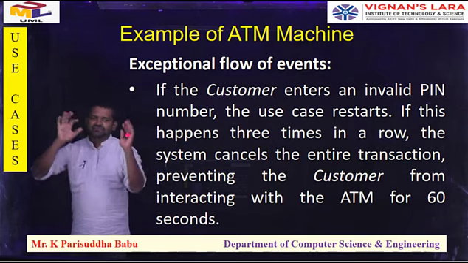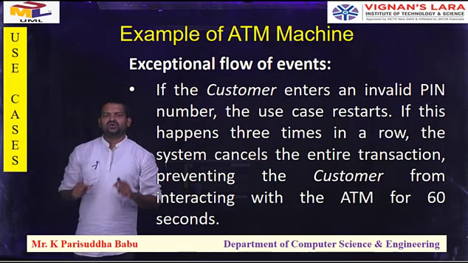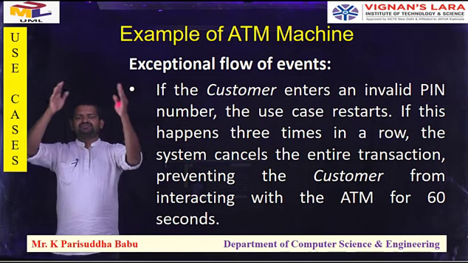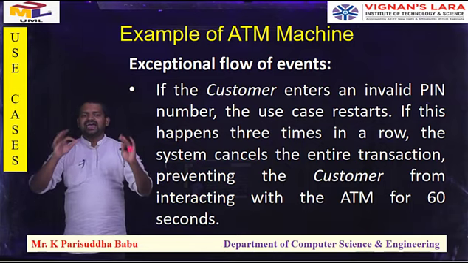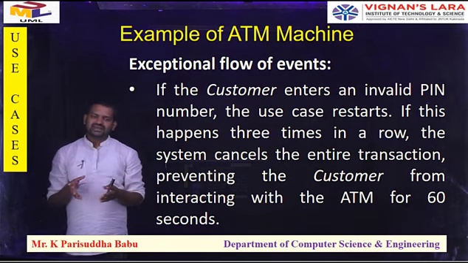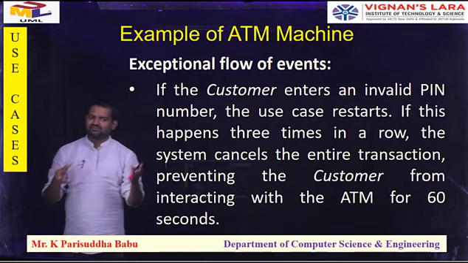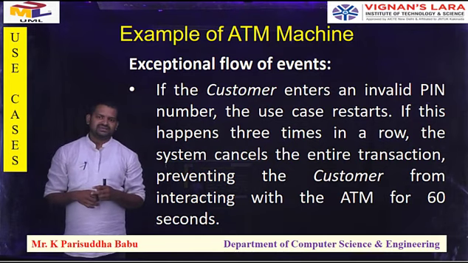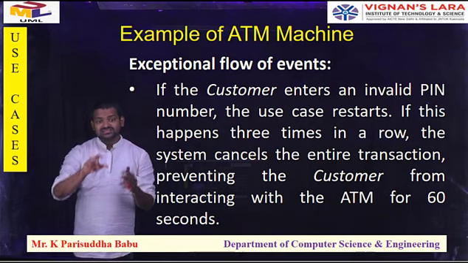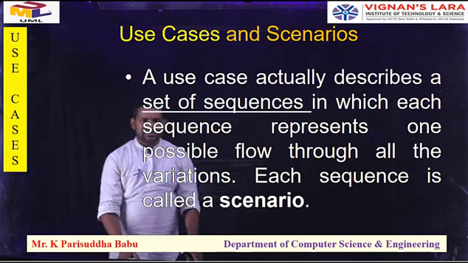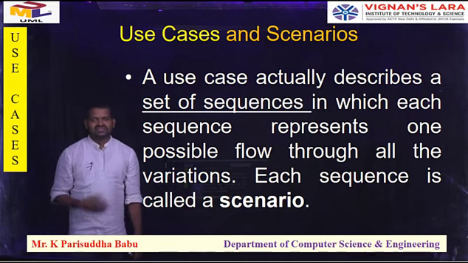If this happens 3 times in a row, the system cancels the entire transaction and prevents the customer from interacting with the ATM for 60 seconds, or sometimes it may take 1 day. So that is also another exceptional event while designing use cases, right?